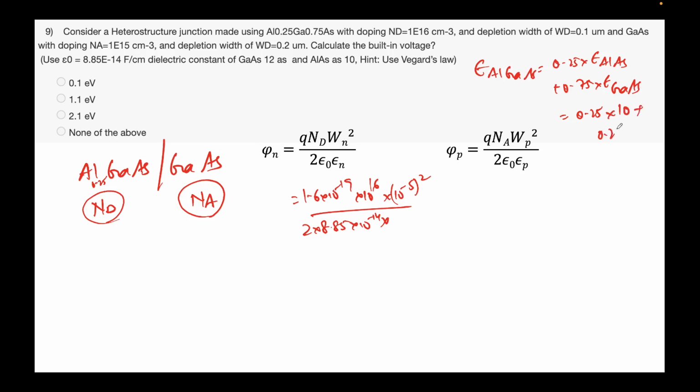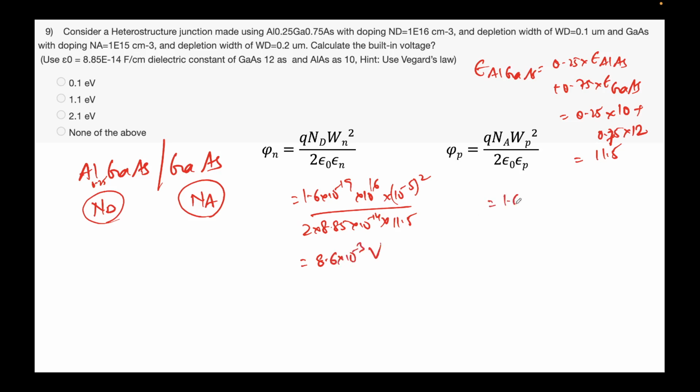Yes, so this is 0.25 times 10, which is 2.5. Sorry, this will be 0.75 times 12, which is 9, plus 2.5. This will be 11.5. So you can write 11.5 here, and you can get this answer. I believe this is coming out to be 8.6 times 10 to the power minus 3 volts.